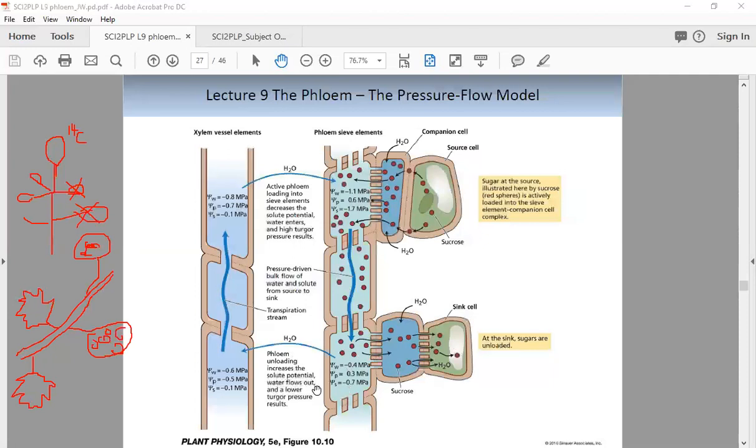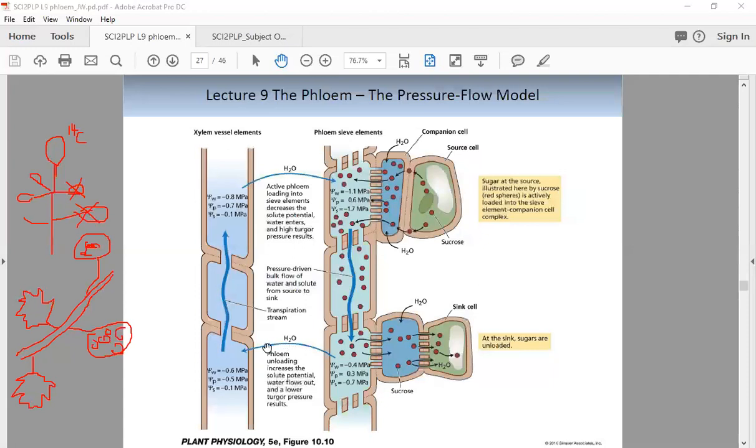Let's compare that to what we have in the adjacent xylem, which is shown as being physically separated, but it's not. They're butted right up against each other. Here the solute potential is negative 0.1 megapascals. So it's higher here, lower here. And we can look also at the water potential now, negative 0.4 versus negative 0.6. So we've got a higher water potential here, lower water potential in the xylem.